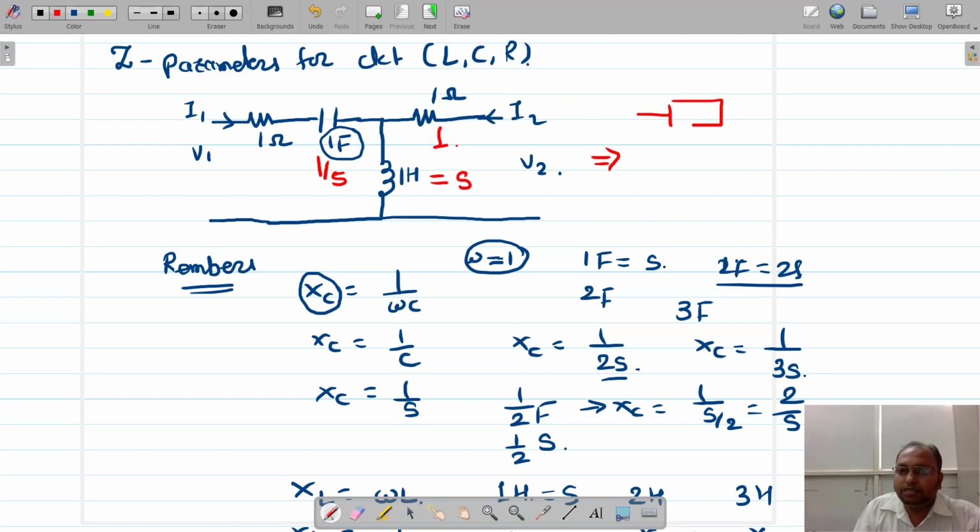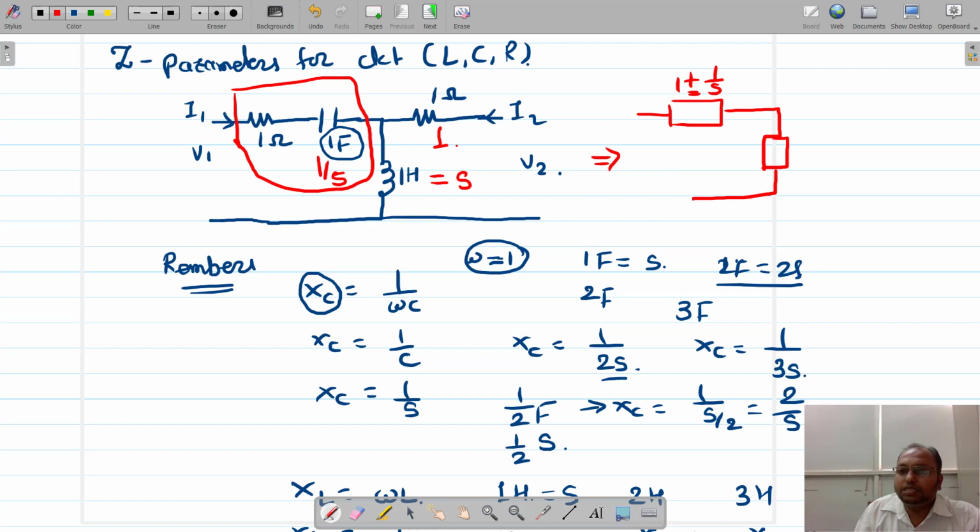impedance which is 1 plus 1 by S. Okay, so we are going to consider this as an impedance. Simply, these two we are considering as a series combination of these two. That's why I have written a plus sign in between these two.